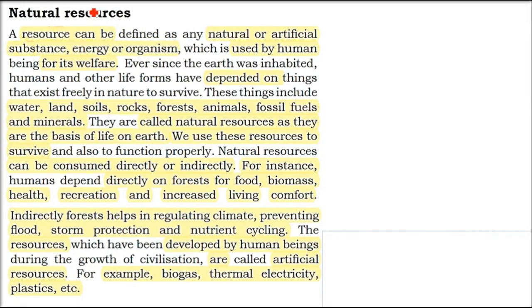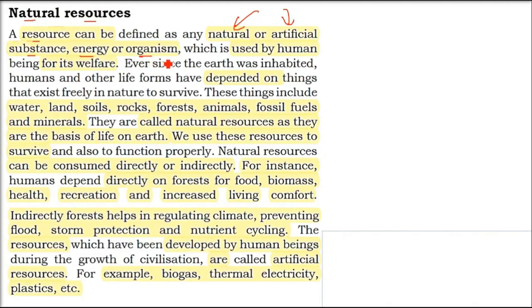Natural resources can be defined as any natural or artificial substance, energy or organism which is used by human beings for their welfare. So it can be natural, it can be artificial. We are talking about a resource. We'll talk about artificial resources just now.